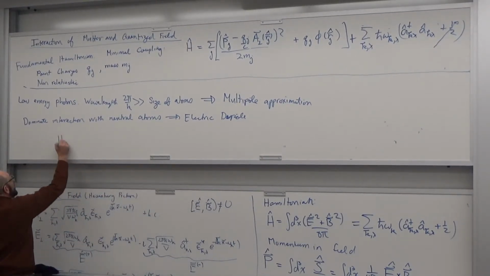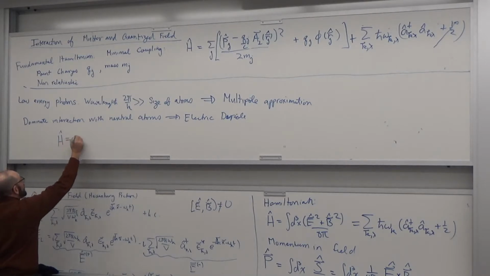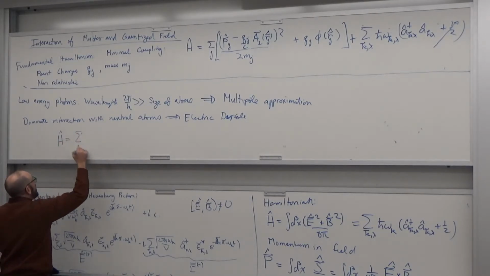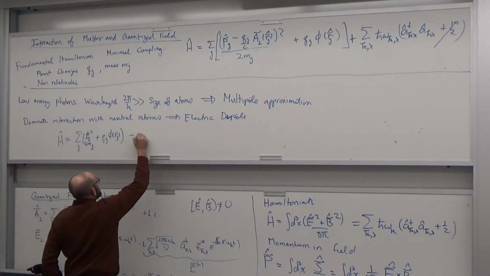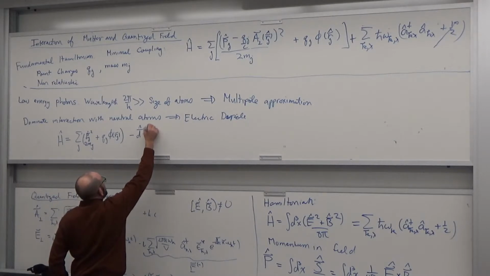our Hamiltonian now takes the following form. Sum over all the charges, we still have whatever the scalar potential is, minus the dipole dotted into the electric field.